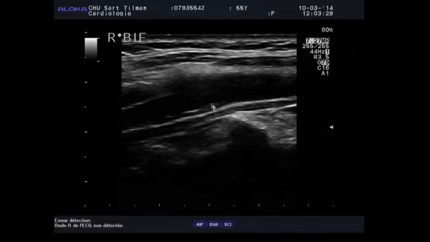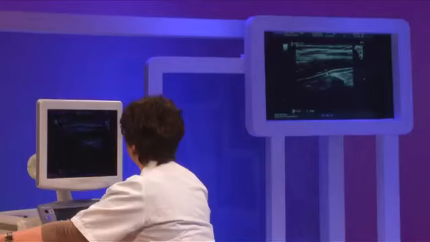And you can see here a structure which is a plaque. This plaque is hypoechogenic, and a bit calcified. You can measure it, 1.5 millimeters.